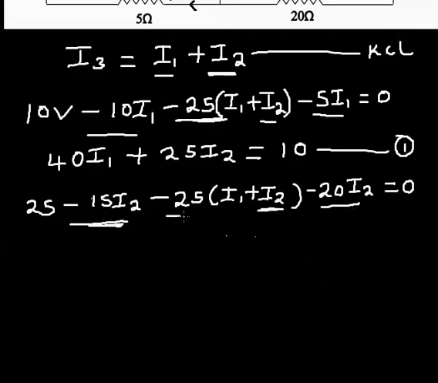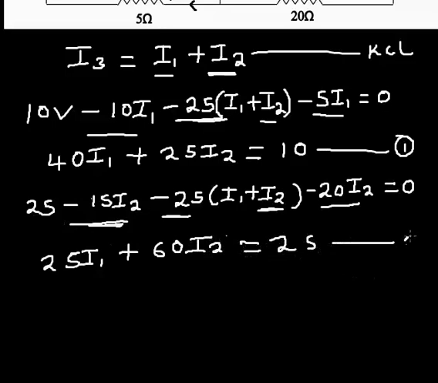And don't forget that I have minus 25 I1. If I move that, that's going to be plus 25 I1. Then of course, equal to the voltage 25. So this is now going to be my equation 2.